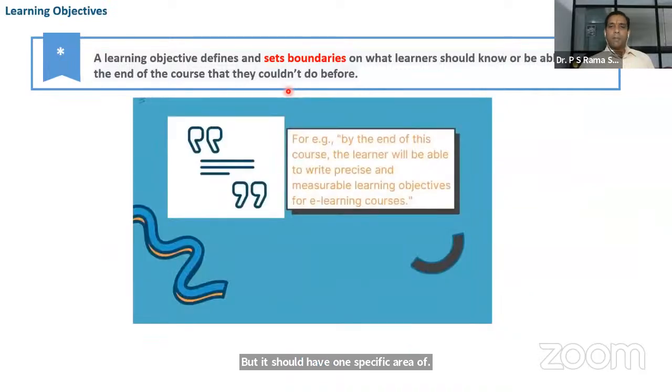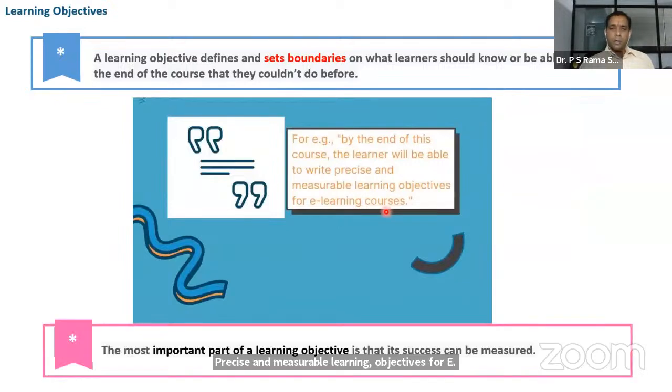Now let us see, for example, this learning objective: by the end of this course, the learner will be able to write precise and measurable learning objectives for e-learning courses, right? The most important part of a learning objective is that success can be measured. Now first, we see 'write'. What is 'write'? It's a verb, an action verb.